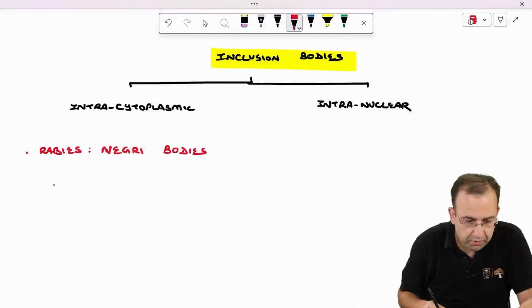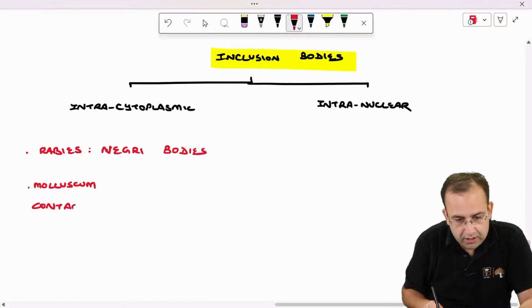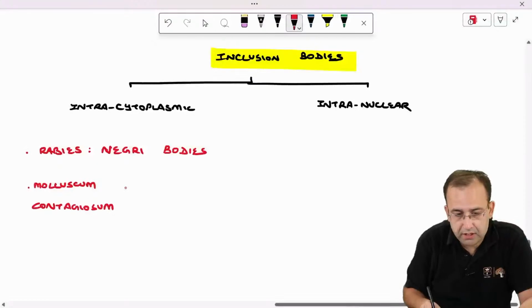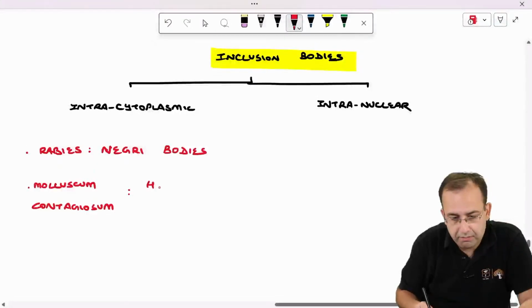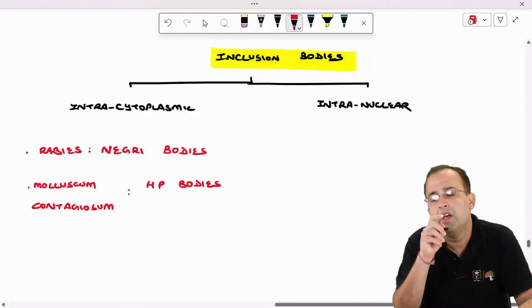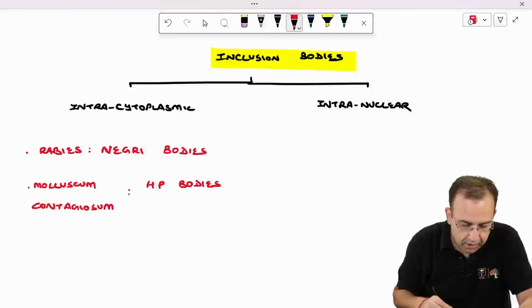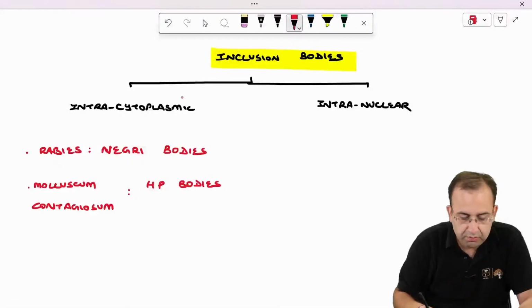Next, molluscum contagiosum. This was again a recent PYQ. Henderson-Patterson bodies, HP bodies, molluscum contagiosum. Next, smallpox.